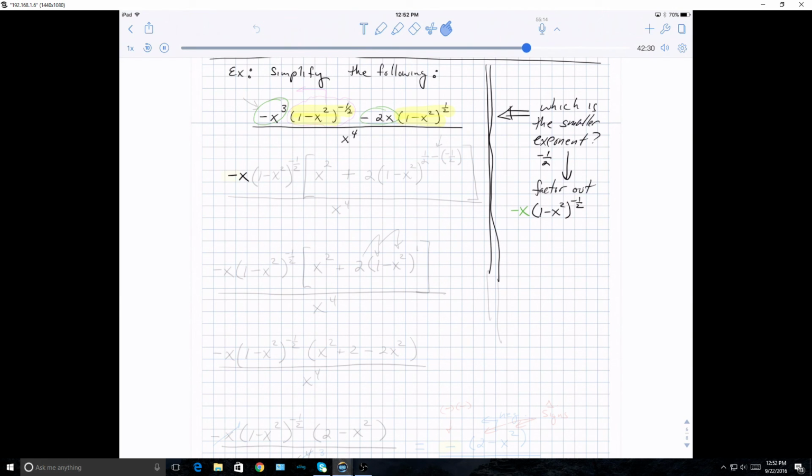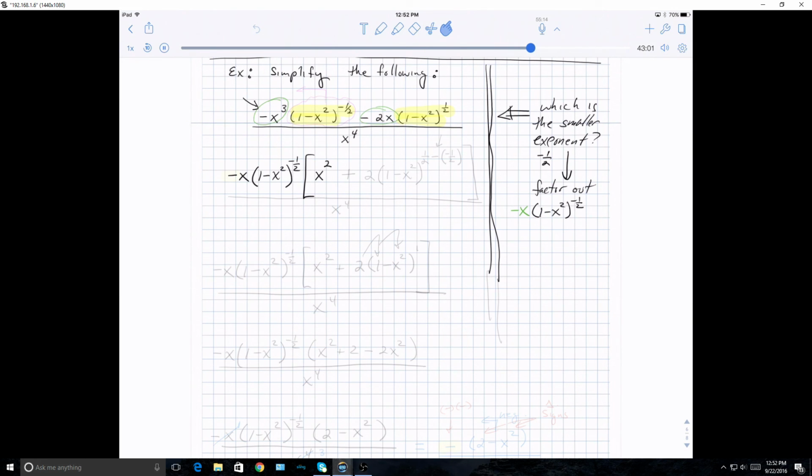So negative x times the 1 minus x squared to the negative 1/2 power, and now we're going to multiply by what we've taken out. So if we have taken out 1 negative x from here, we're left with x squared.